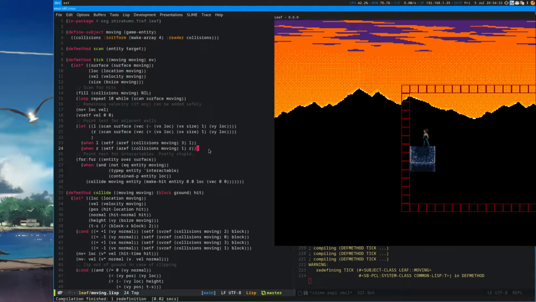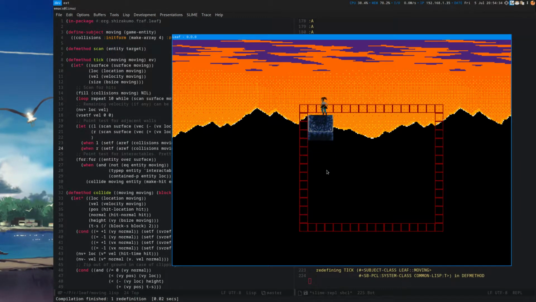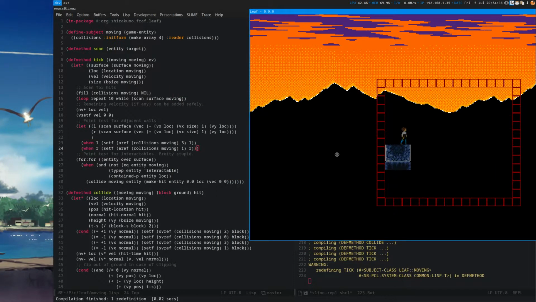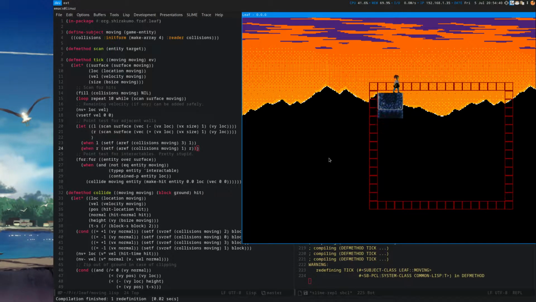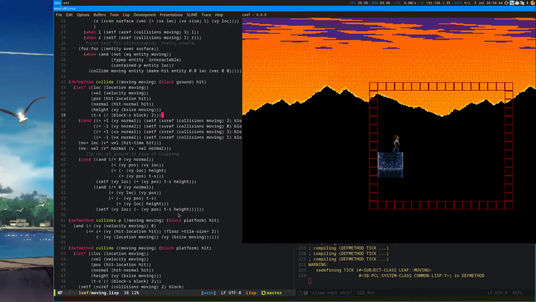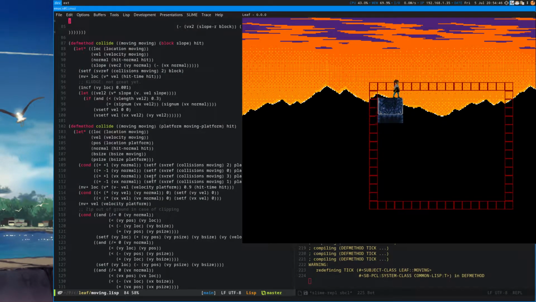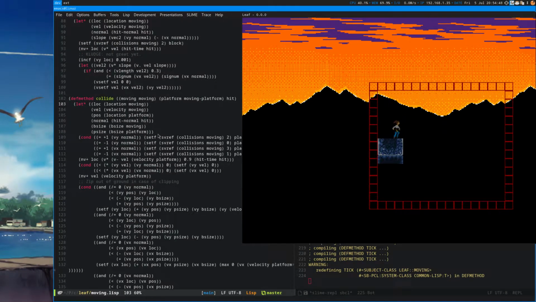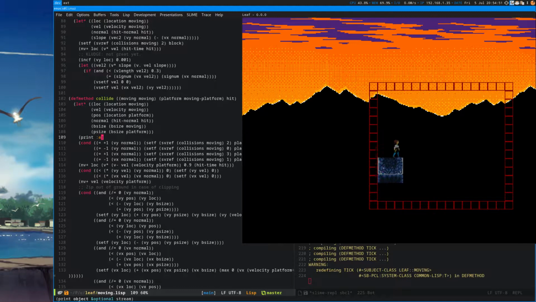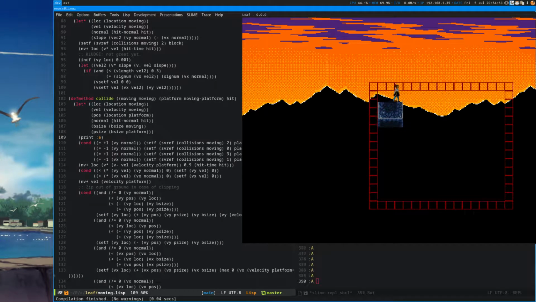Let's just do it like this. No, that didn't solve it. Interesting. And I was so sure that was gonna be it. Now we at least get collisions at the bottom.